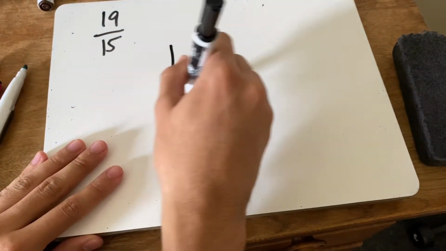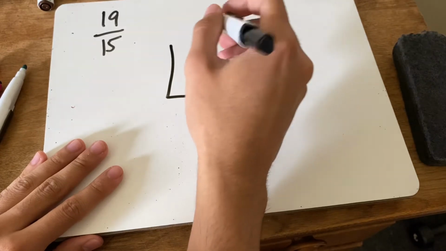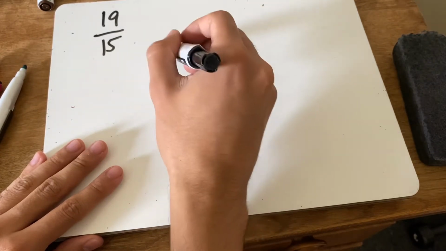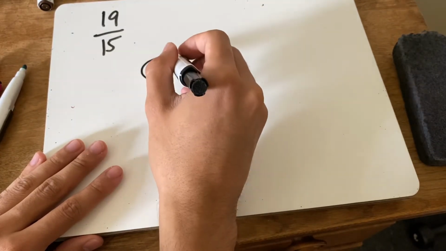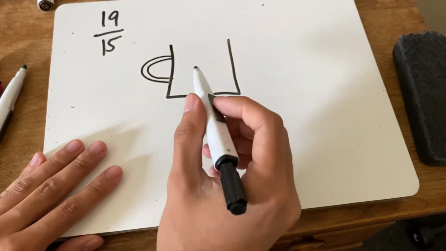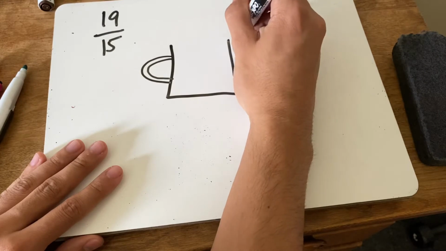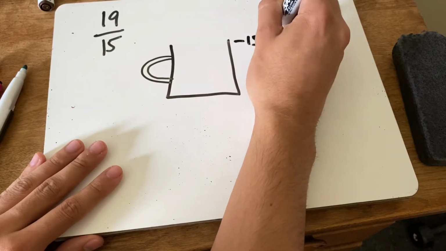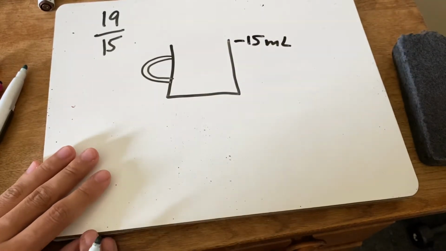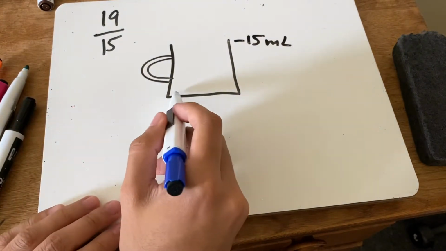Let's say your denominator tells you how many, let's say this is a jar, or a cup or something like that. This is the handle. This jar can only hold 15 milliliters. Okay? And then you start filling it up with water.